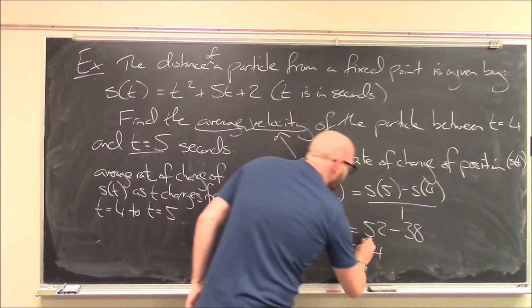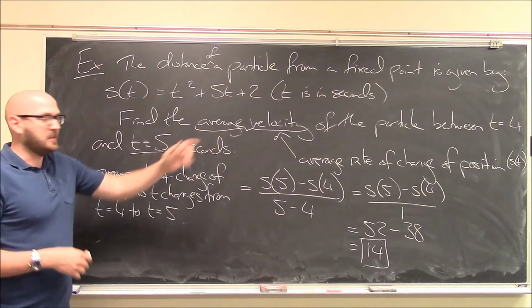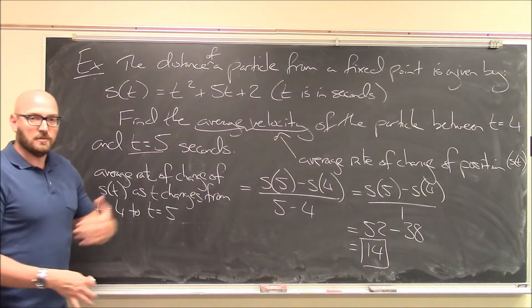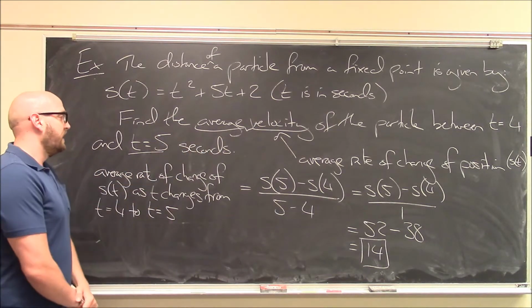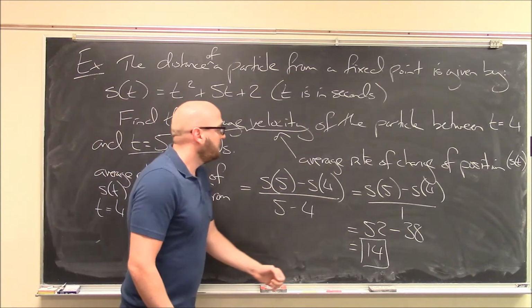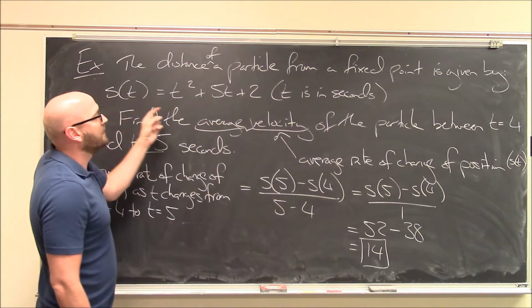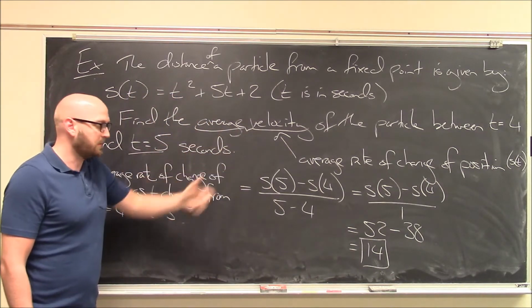And there's our answer. The average rate of change of this function, which is the average velocity, right? Rate of change of position is velocity. The average rate of change of this function is 14 units, as our function changed from t equals 4 to t equals 5.